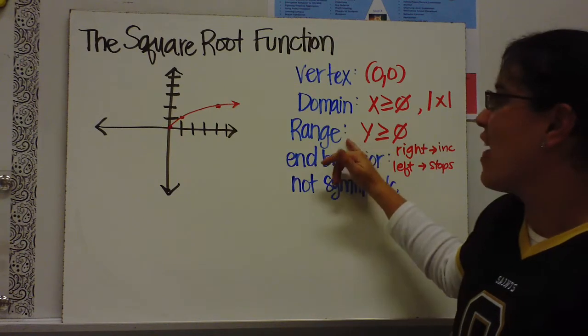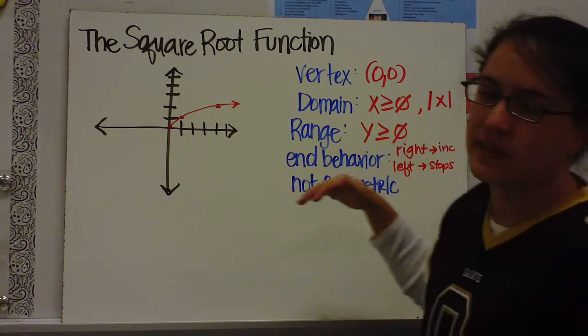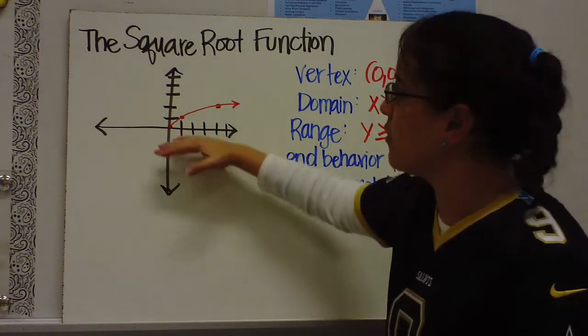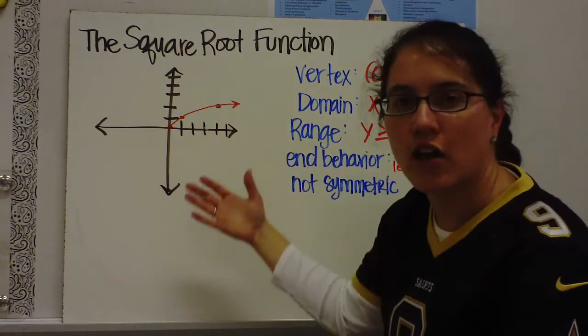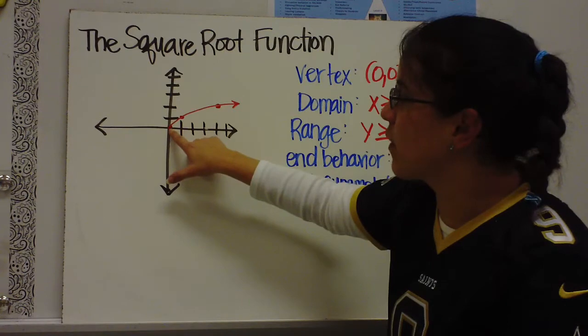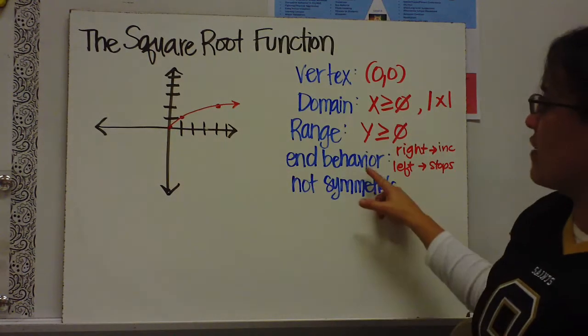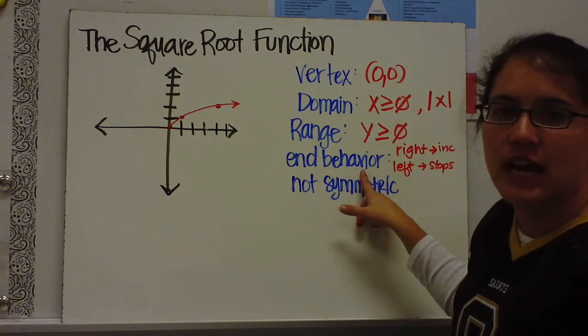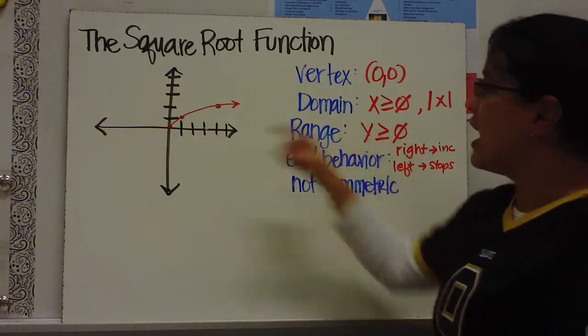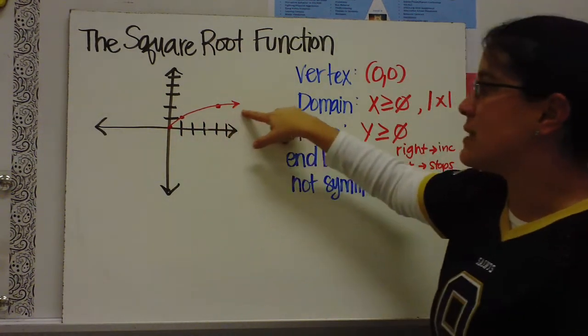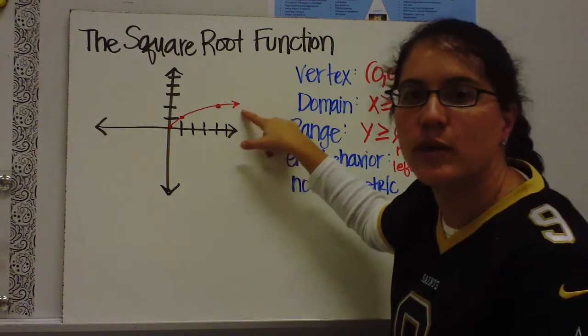Thank you. The range is also going to be greater than or equal to 0, because if we're only looking at the top half, it never is going to go below y equals 0. The end behavior, so let's look at our function. Let's look at the right. As we go to the right, we see there's an arrow, which means it's going to be increasing.